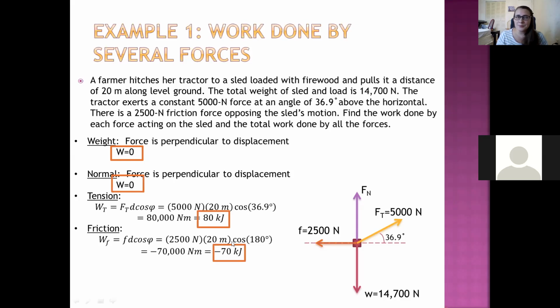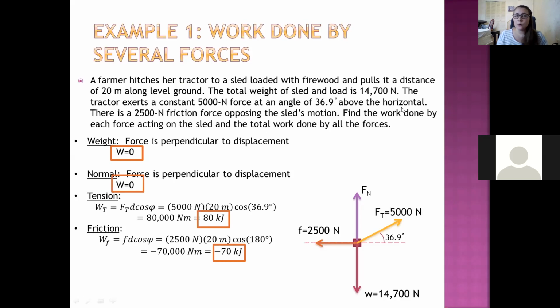Our displacement is 20 meters. And then our angle from the direction of motion is a full 180 degrees, right? Because it's moving to the right, but friction is to the left. That's a full 180 degrees. So that gives us a work of negative 70,000 joules or negative 70 kilojoules. So that's kind of the answers to the first part of the question. Find the work done by each force acting on the sled.